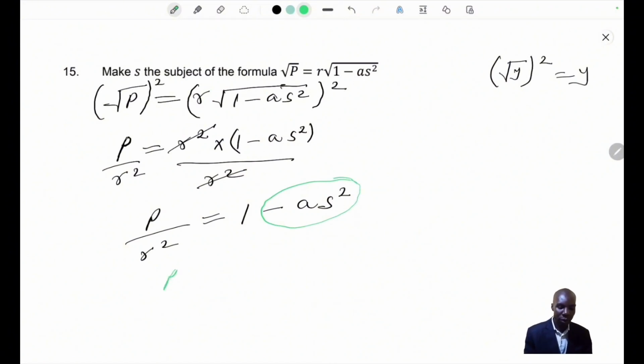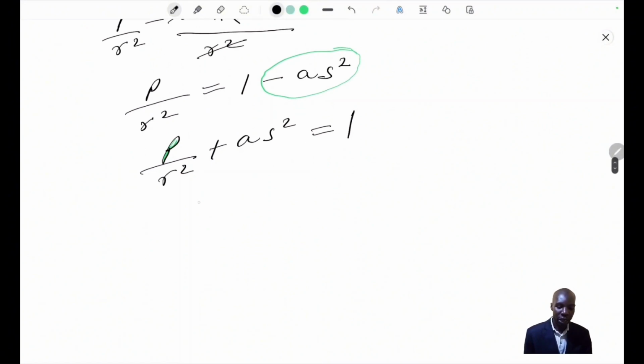We'll have P over R squared plus AS squared equals 1. From there, we can leave AS squared alone on the left-hand side and bring P over R squared to the right. So that will give us 1 minus P over R squared.